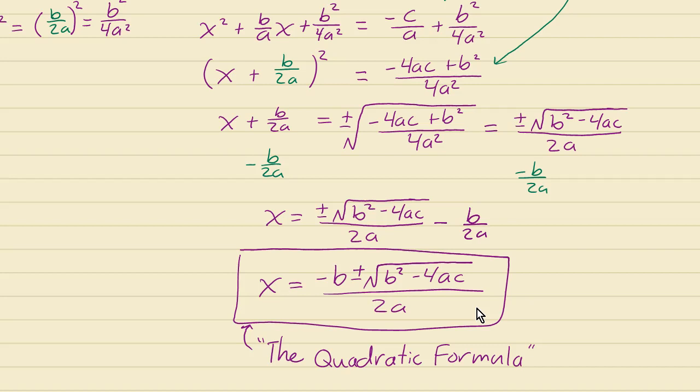So you still have to do some work to actually use this, because it's just messy to plug in your values of a, b, and c and evaluate this. We're going to go into that in the next one, but that will let you get the solution of any quadratic equation that you want, and we'll do that in the next video.